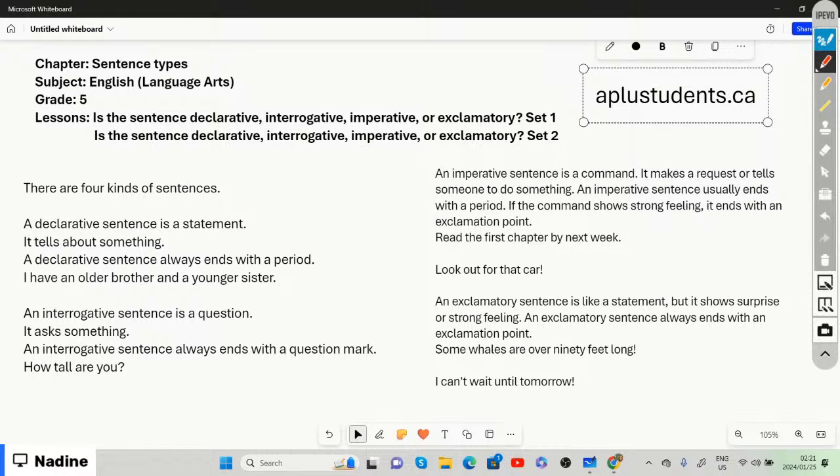So these are our four kinds of sentence, which is a declarative sentence, an interrogative sentence, an imperative sentence, as well as an exclamatory sentence.